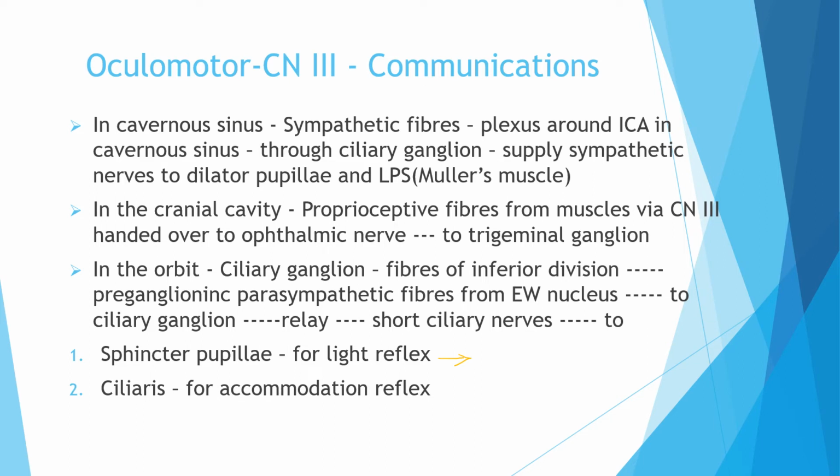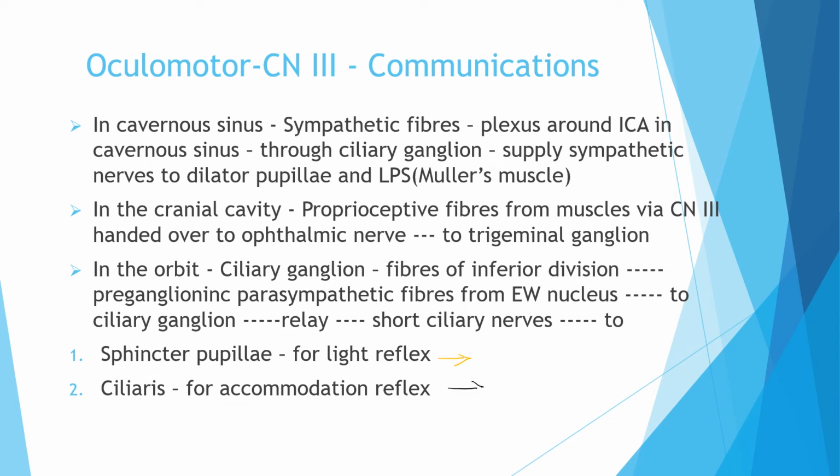Whenever light is shown in the eye, the pupils will constrict. This is a protective reflex, and not only on the same side but also in the opposite eye there is pupillary constriction, and this is called direct, that is the same eye, and consensual, that is constriction of the opposite eye, and this is mediated through the sphincter pupillae muscle.